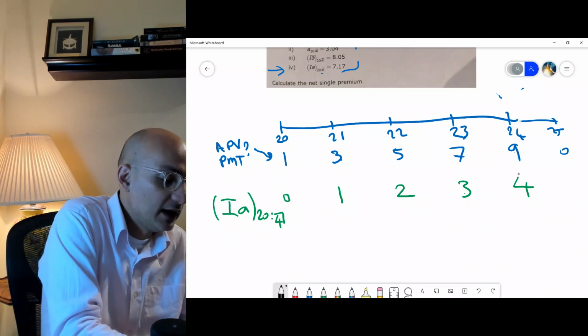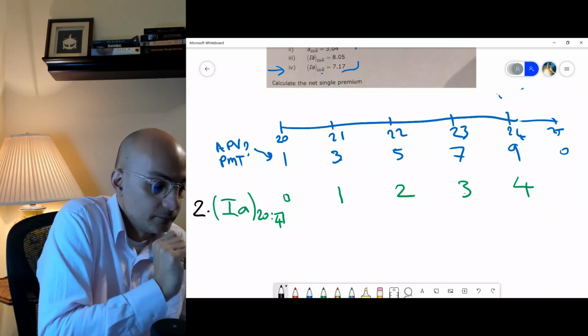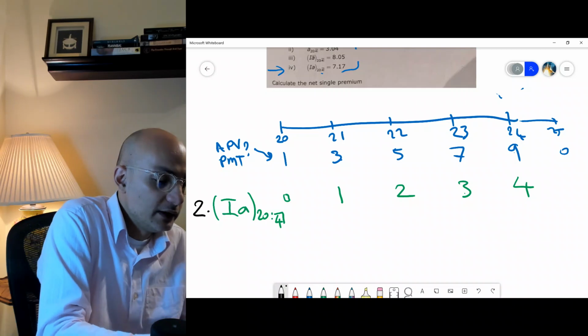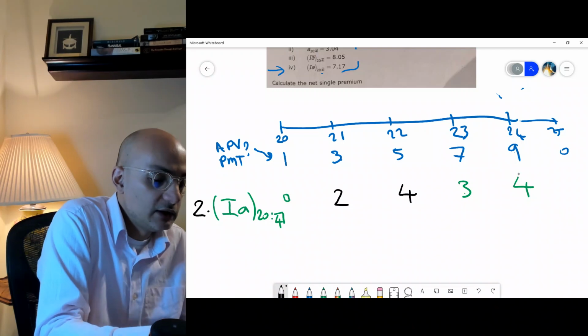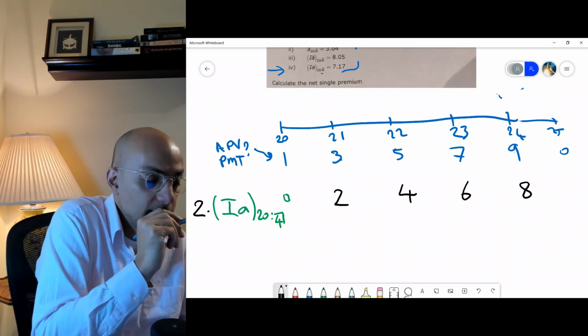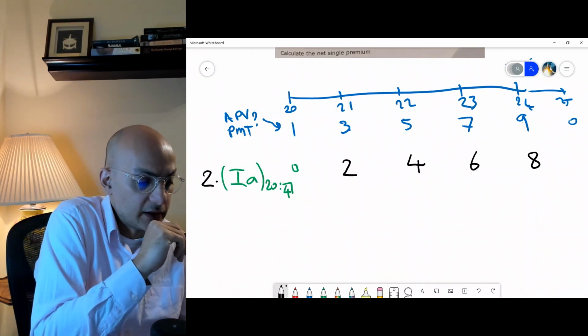Imagine if you multiply this by 2. Then this one becomes not 1 but 2. 2 times 2 becomes 4. 3 times 2 becomes 6. 4 times 2 becomes 8. We're almost there.